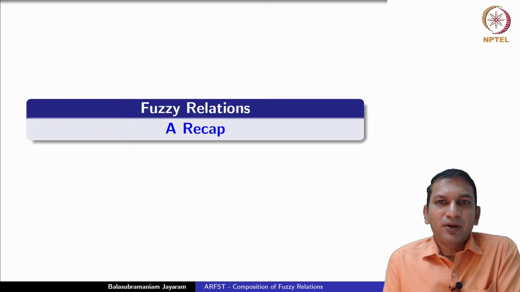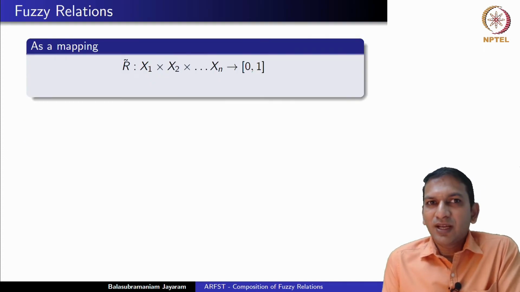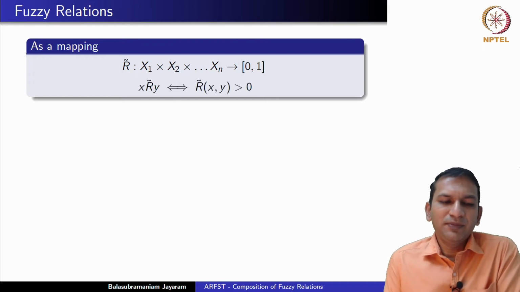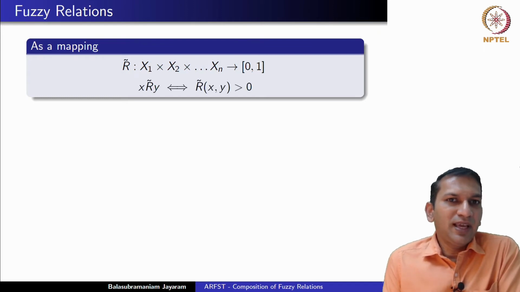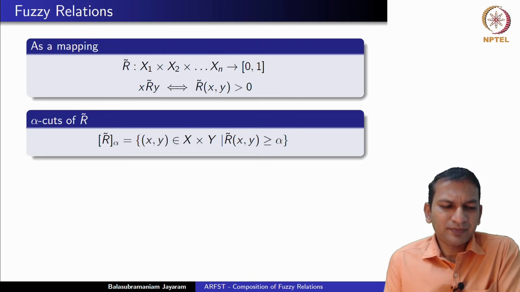A quick recap of what we saw in the last lecture. A fuzzy relation is a mapping from the Cartesian product of spaces to the unit interval [0, 1], and we say x is related to y under the fuzzy relation R, for a binary fuzzy relation, if (x, y) belongs to the support of the corresponding fuzzy set, or the fuzzy relation on the Cartesian product.